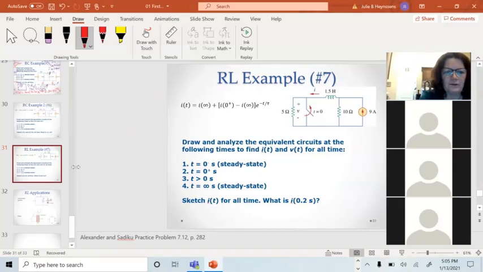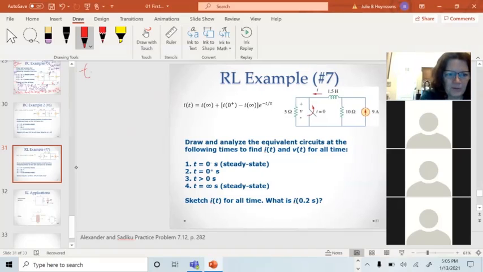First thing I want to do is draw the t equals 0 minus circuit. Let's see what happens. This switch is going to open at t equals 0, so it's initially closed. If it's closed, I have a short circuit across that resistor.